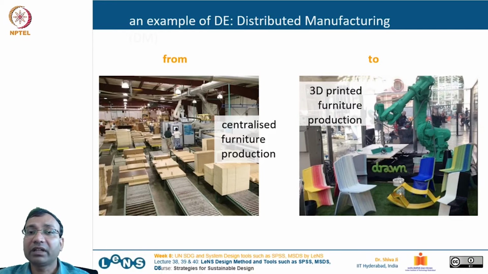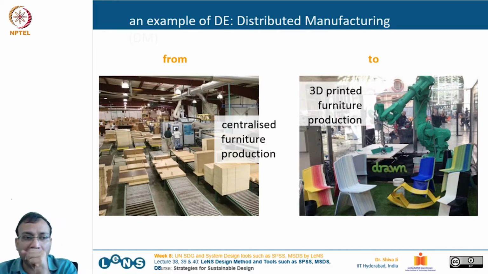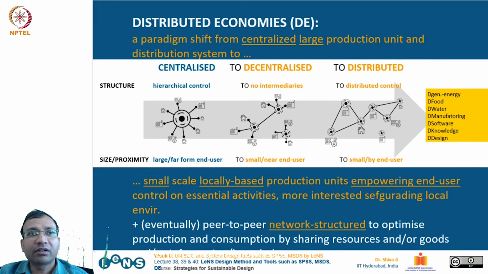Because centralized manufacturing facilities have a larger impact on the social sector also. The workforce is forced to move from their native places to these centers, or focal points, where the manufacturing units are established. So this is how the distributed economic model looks.